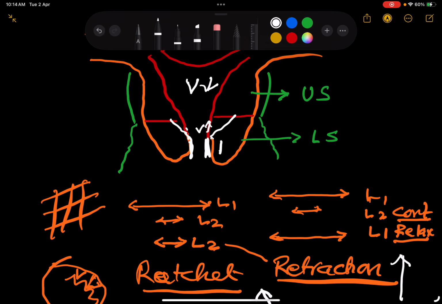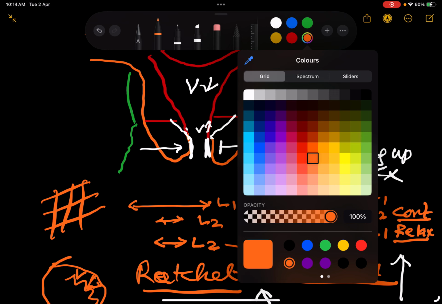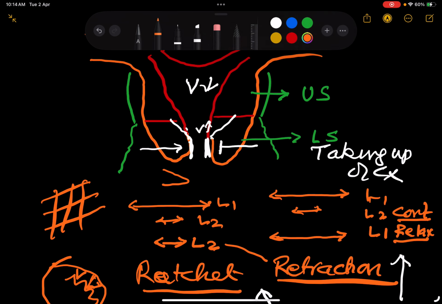This is called taking up of the cervix. And then after the width is considerably reduced, the cervix starts dilating. That means the distance of the ends of the cervix goes on increasing. This is called dilatation, and this is called taking up.